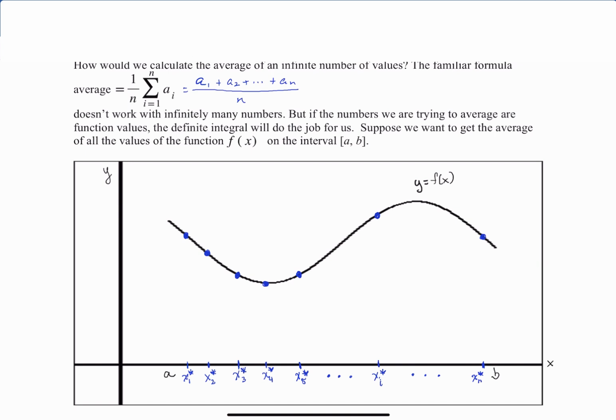Now what we're averaging isn't the x values, of course, it's the function values. So for example, here we have f of x sub 1 star. Here, for example, we have f of x sub 3 star.